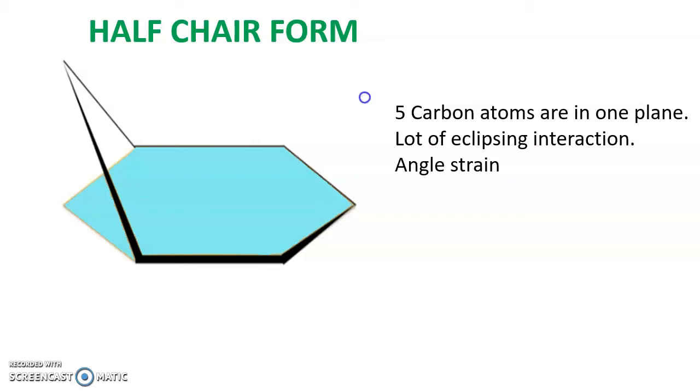Okay, and also there will be angle strain, because these carbon atoms which are in plane, the angle between them will be 120 degrees. Okay, so there will be eclipsing interaction, there will be angle strain. Because of the eclipsing interaction, there will be torsional strain and steric strain also.